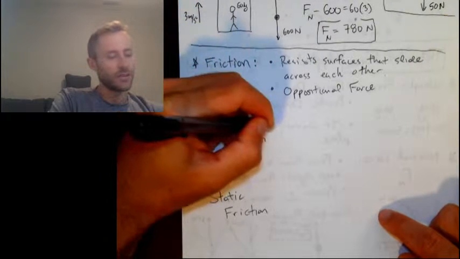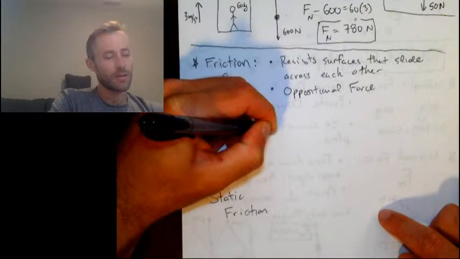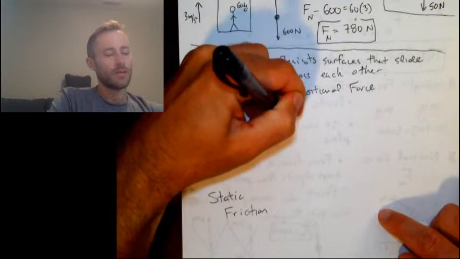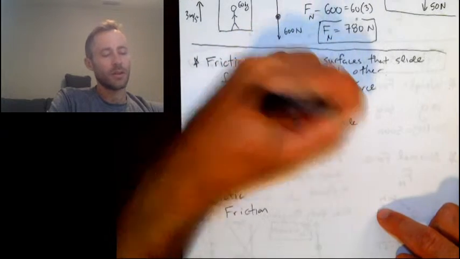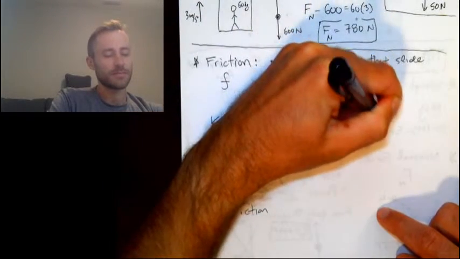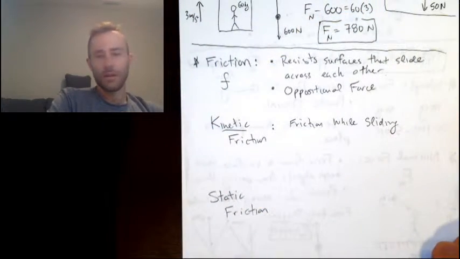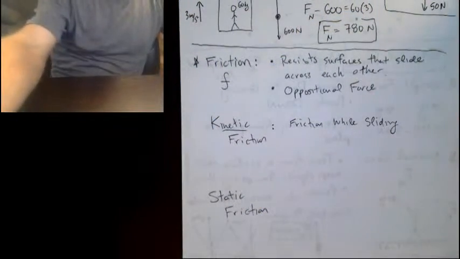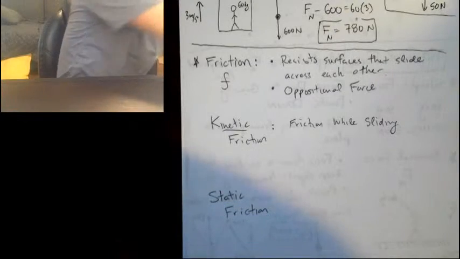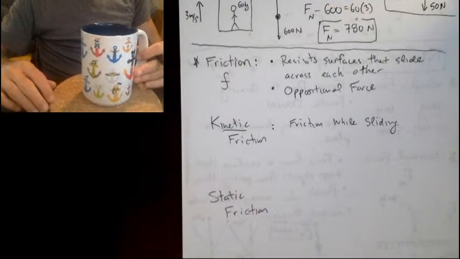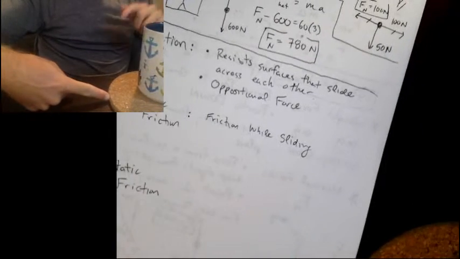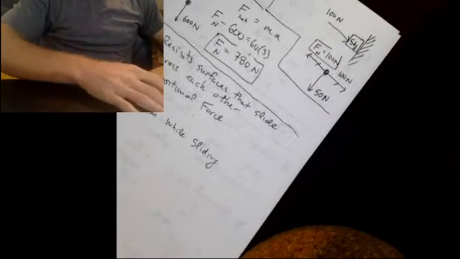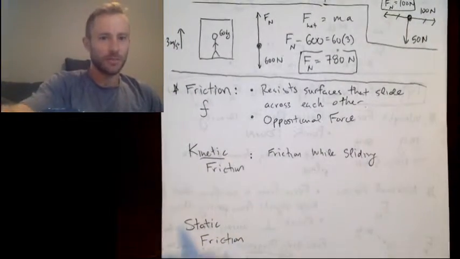So kinetic is the friction while the object is sliding. If I have a cup of coffee and I push on the coaster and it's sliding, I am fighting against kinetic friction while it is sliding.